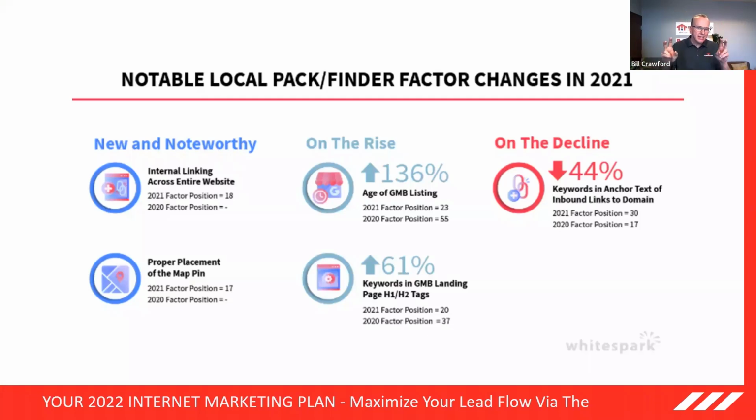Wherever that phrase is, that's considered an anchor text. Now, for people that are a little bit nerdy and do SEO, they pay attention to those details because you don't want all the anchor text to say something like home page, or the domain name. You want the anchor text to have variety, and you want the important keywords in there. This is just saying that is becoming less important.